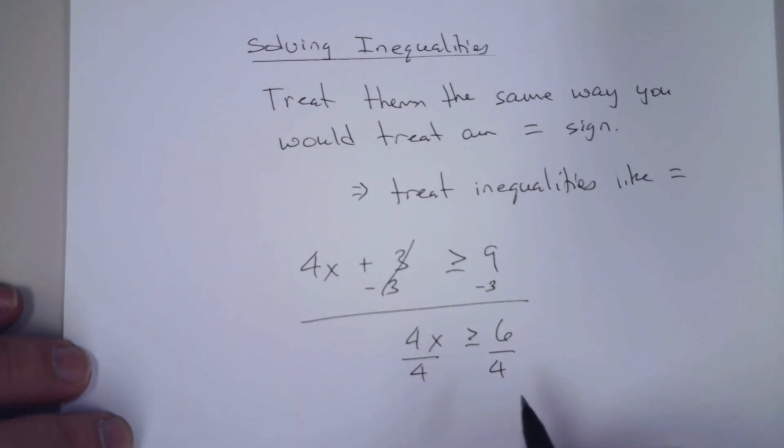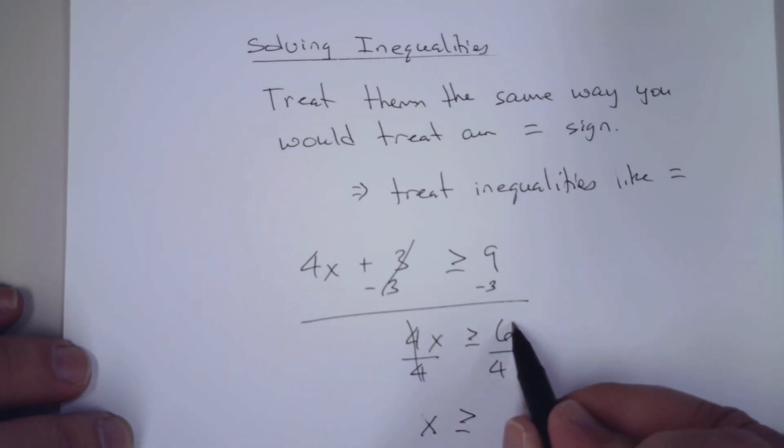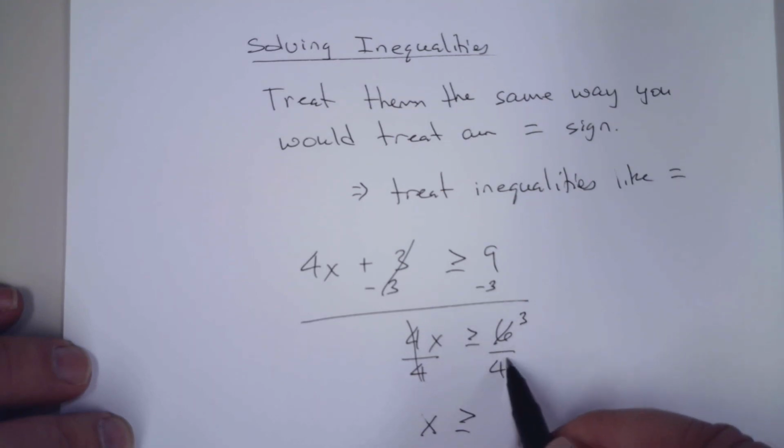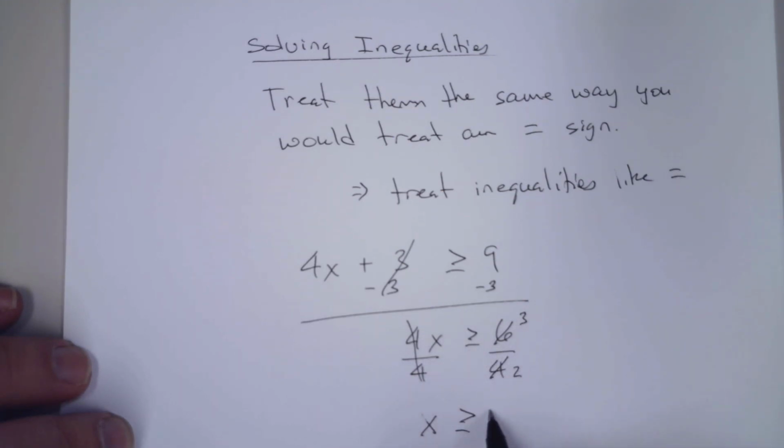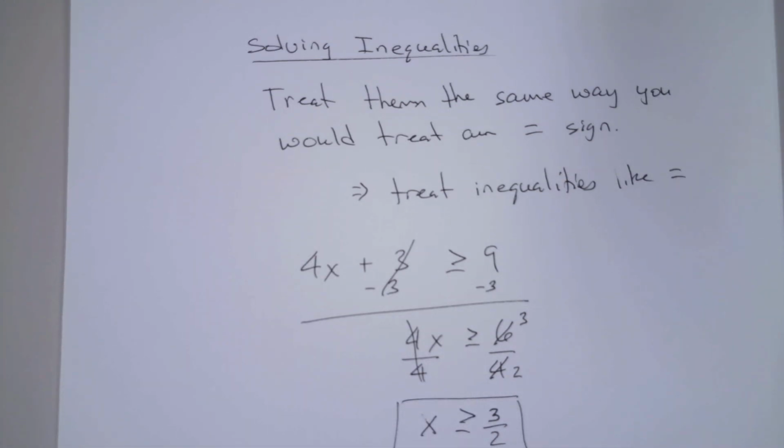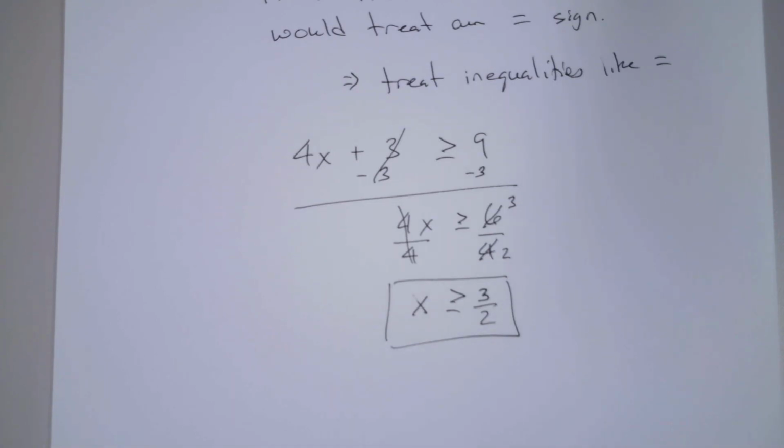Divide by 4. X is greater than or equal to 6 over 4, which can be simplified. 2 goes into 6 three times, 2 goes into 4 twice. So our final answer for the set notation is x is greater than or equal to 3/2.